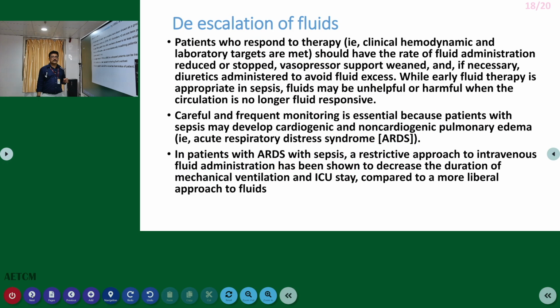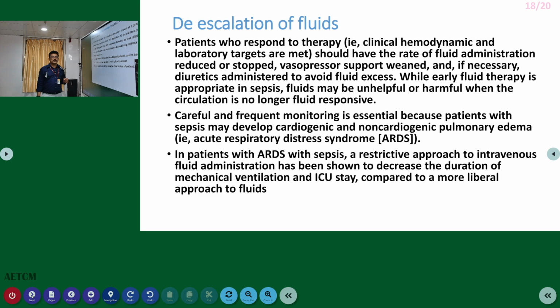Now, once the patient is stabilized, you can even de-escalate the fluids and de-escalate the antibiotic. De-escalation of antibiotics has a lesser role in sepsis management nowadays, because unnecessarily de-escalating the antibiotic can sometimes produce resistance. So, if the patient is improving with your initial antibiotic of choice, unless you get a culture report, there is no need to de-escalate the antibiotic.